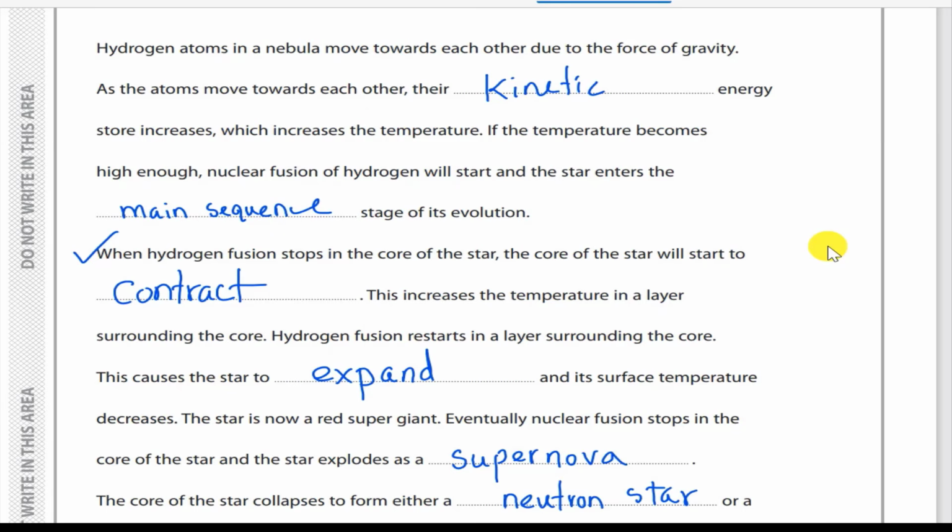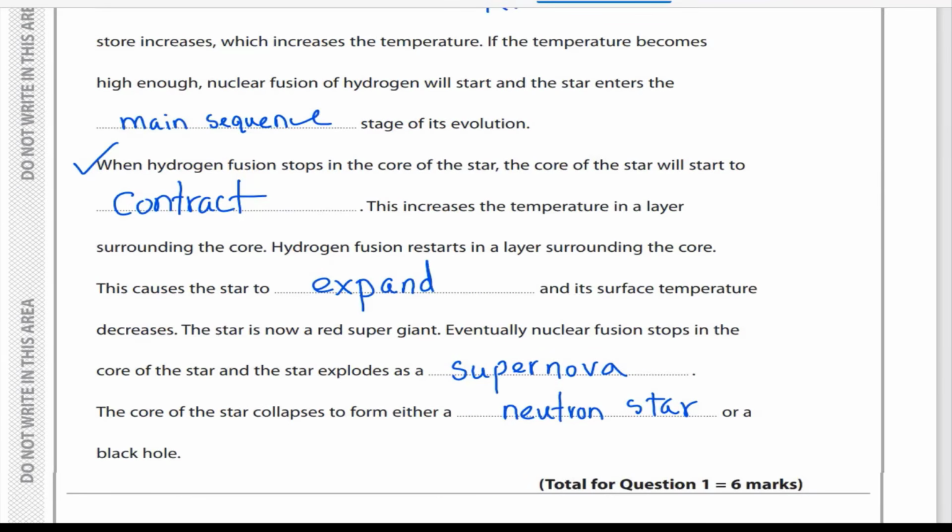This increases the temperature in layers surrounding the core. Hydrogen fusion restarts in a layer surrounding the core. This causes the star to expand, and its surface temperature decreases. The star is now a red supergiant. Eventually, nuclear fusion stops in the core of the star, and the star explodes as a supernova. The core of the star collapses to form either a neutron star or a black hole.